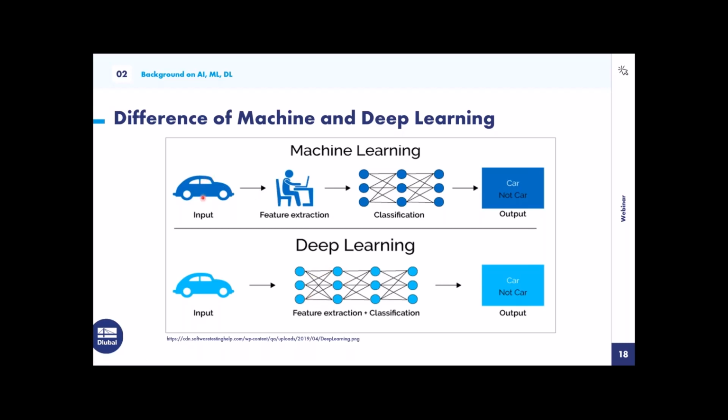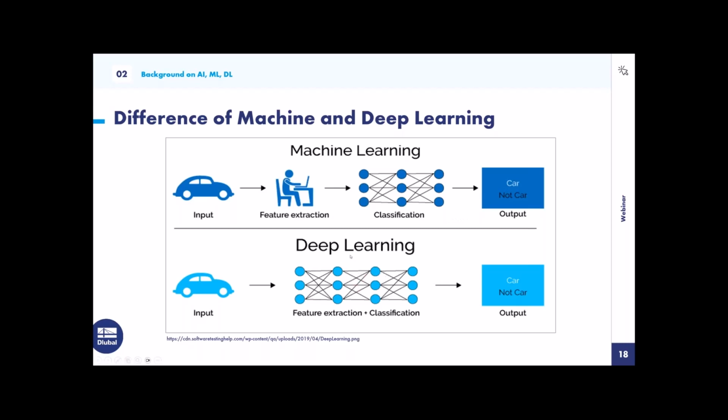And especially for images or videos or text, creating, so to say, a coordinate system of how to describe that properly is very hard. You as a human have a very hard time doing that. And I think that's really where deep learning shines: extracting features like descriptions of that image so that in the end you can reach the prediction of whether, for example, the input is a car or not.